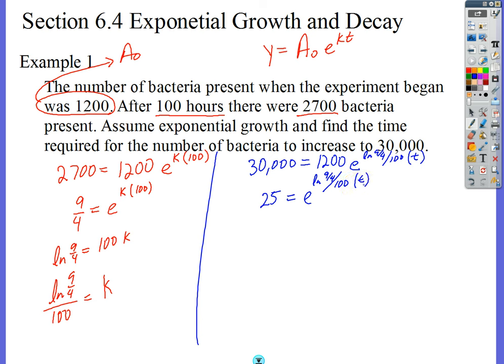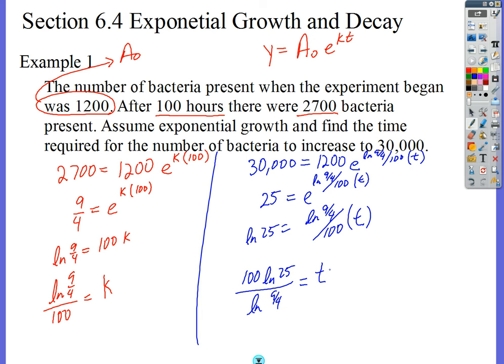Okay, again, take the natural log of both sides so I can solve for t. So I get natural log of 25 is equal to the natural log of 9 over 4 divided by 100 times time. And then I now have 100 natural log of 25 divided by natural log of 9 over 4 is equal to t. Now you get your calculator out.